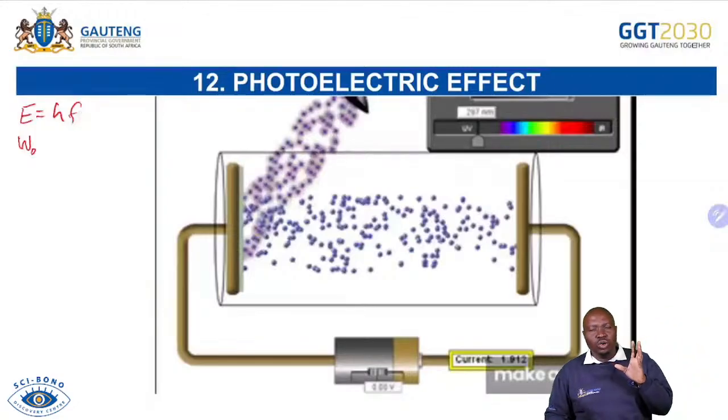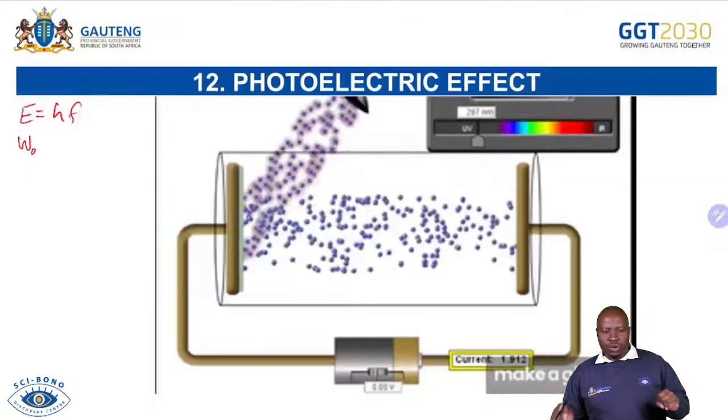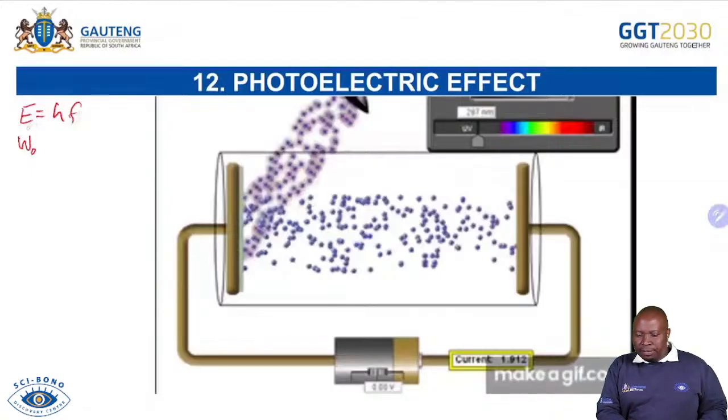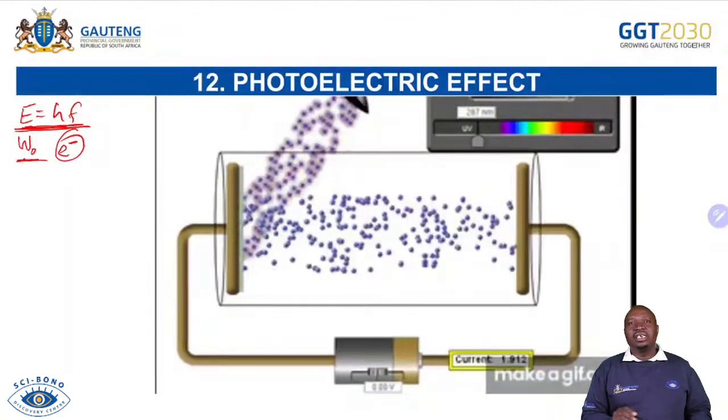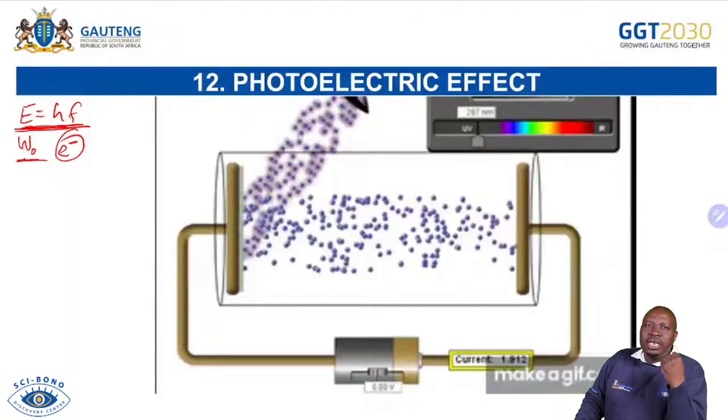That is the understanding you have to have: we have these photons, which are packets of energy, targeting the metal surface. Remember, the metal surface has electrons, but these electrons have a work function; they have an expectation. They're saying the minimum energy you must provide for me to release the electrons is this much.